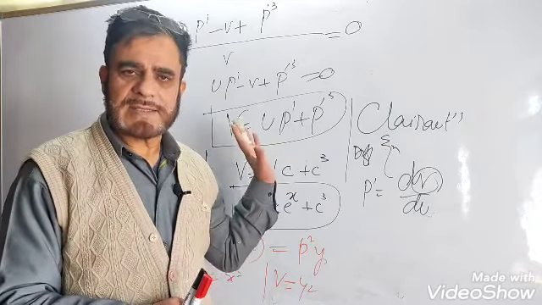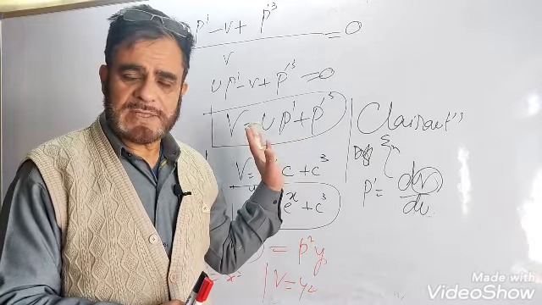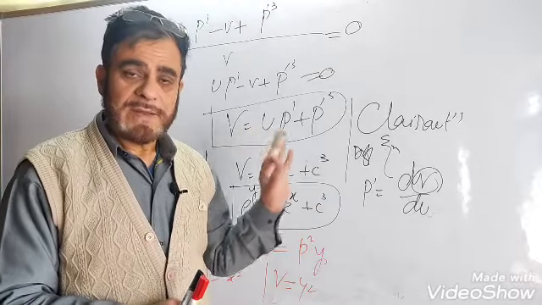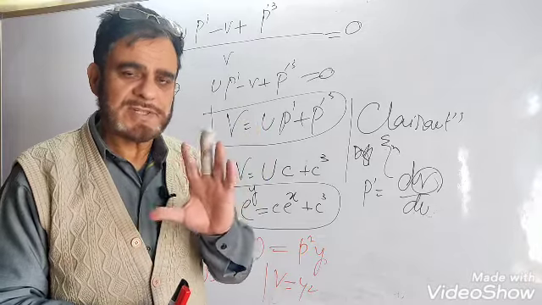Finally we come to Clairaut's differential equation. What is the Clairaut's differential equation? How we solve it? There we give also an idea about singular solution. But note, when you write the singular solution, you don't add the constant of integration c.